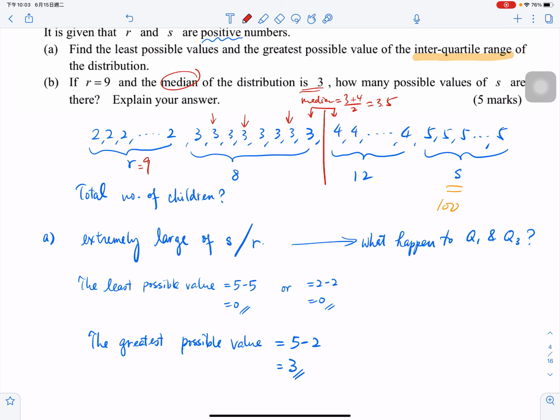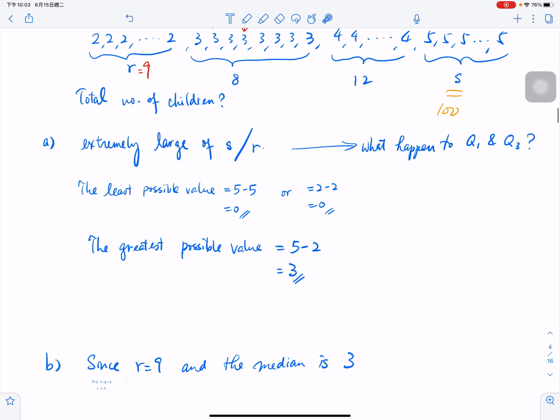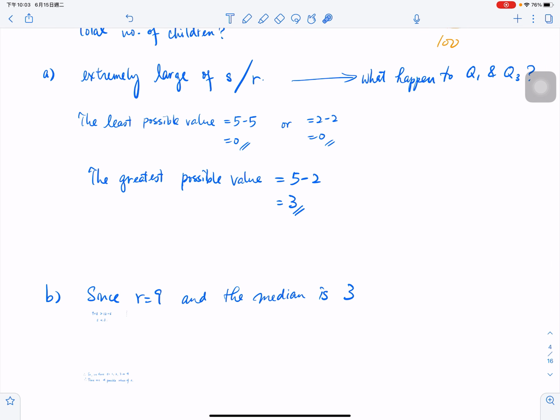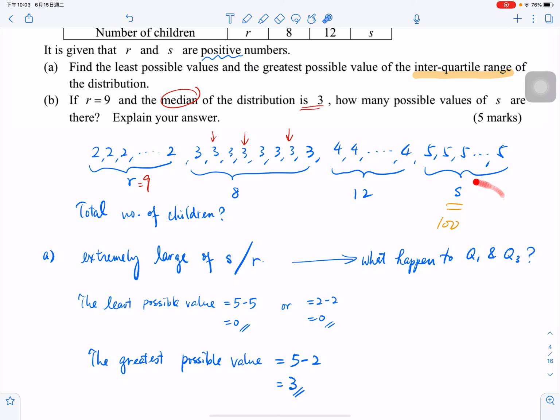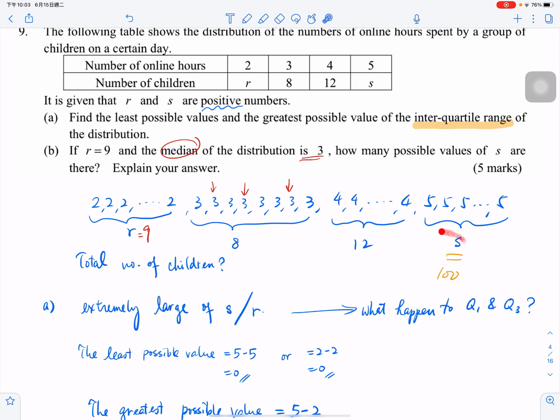So not here now. That means the number of children for R and 8 is greater than the total number of children for 4 hours and 5 hours.